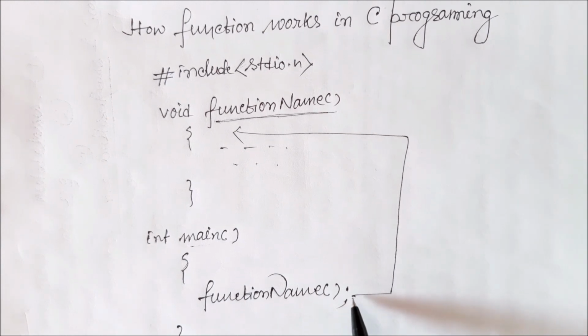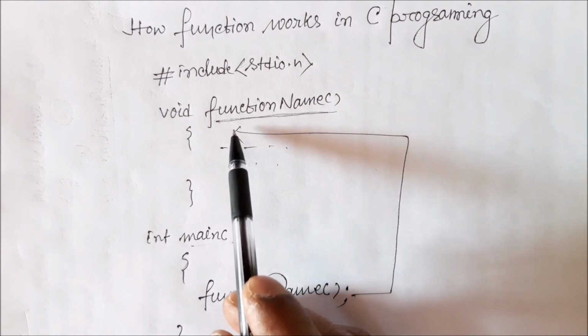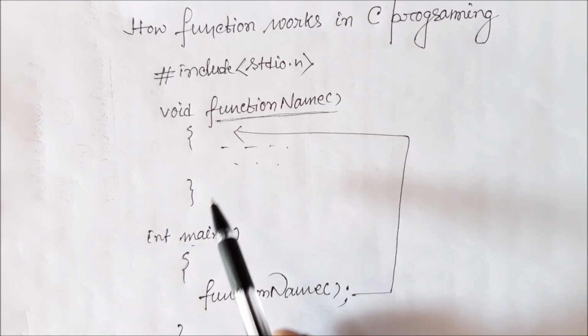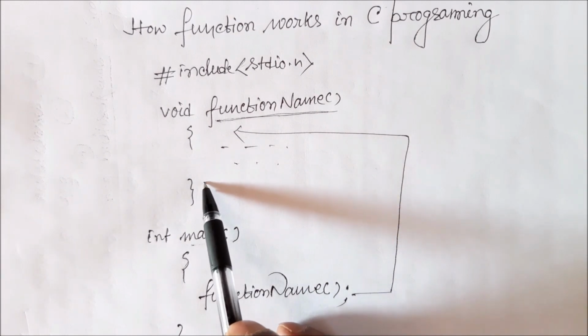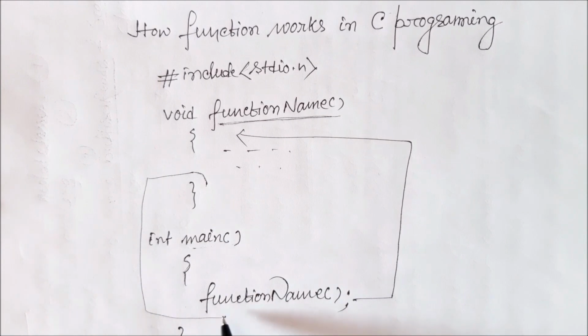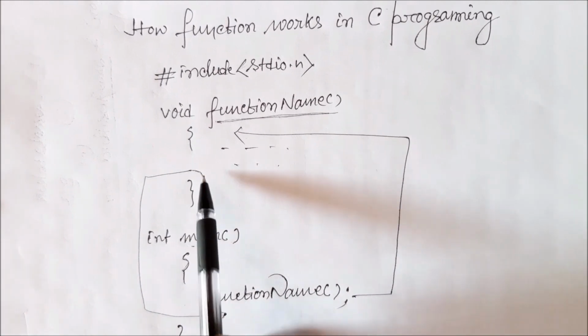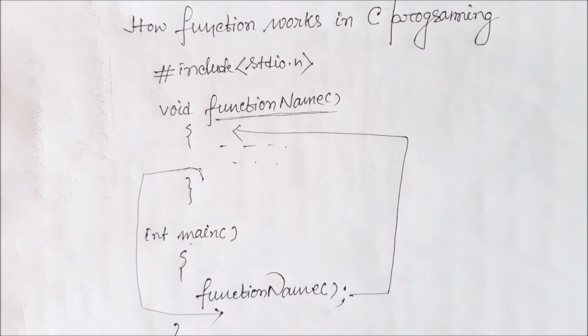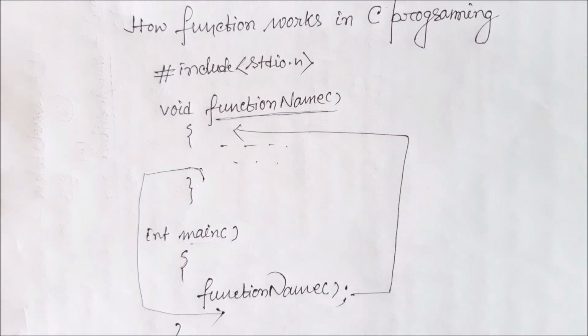So, the control automatically transfers to this function, and after executing it, it returns to the statement after the function call. If I do not want to return any value from this function, then it will still automatically go back to the next statement.